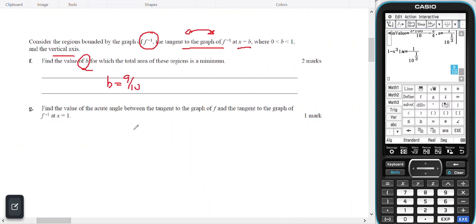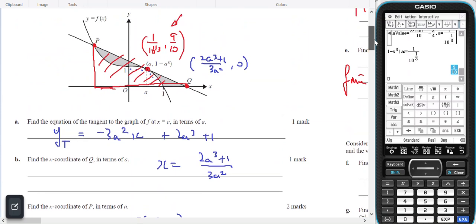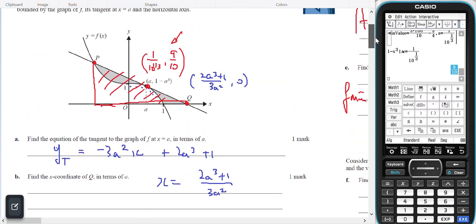And part G, find the value of the acute angle between the tangent to the graph of f and the tangent to the graph of the inverse at x equals 1. So the tangent to the graph of the inverse at y equals 1, the tangent is a horizontal line of f of x.